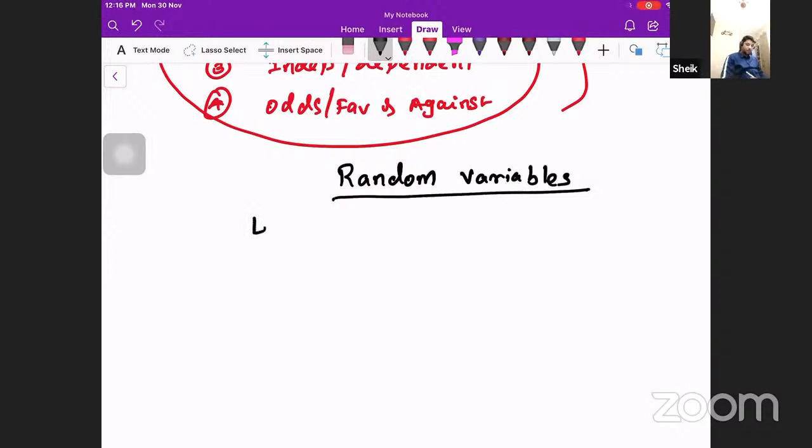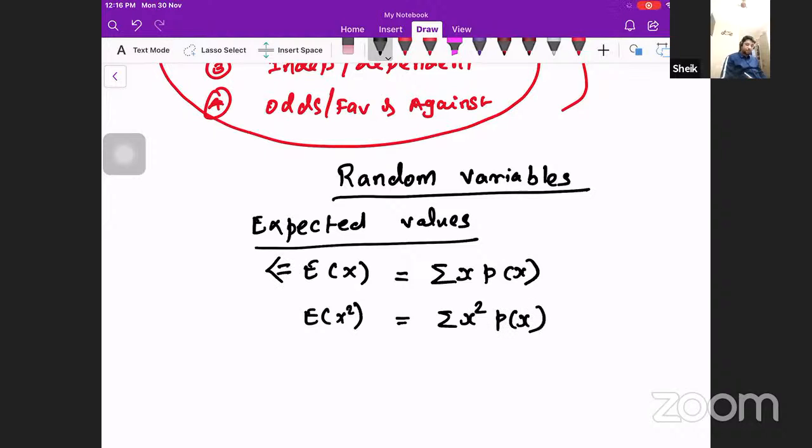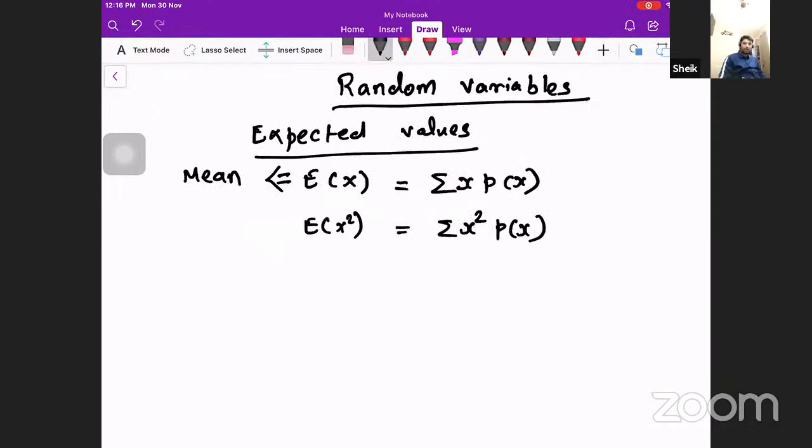First one is expected value. The expected value of x is summation x into p of x, and the expected value of x square is summation x square into p of x. This expected value of x we also call the mean.